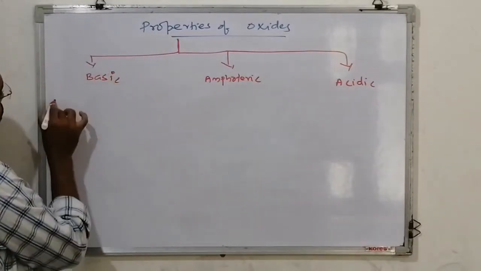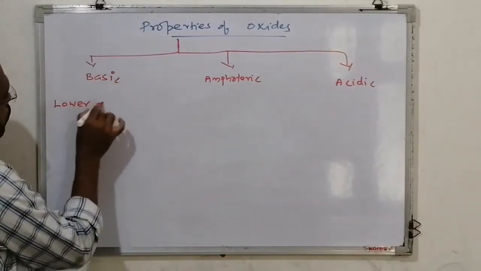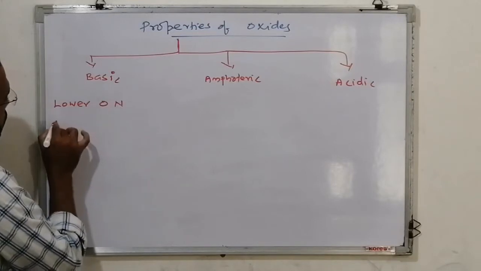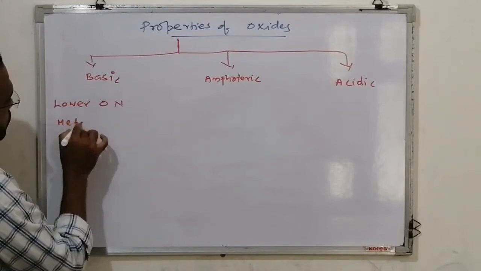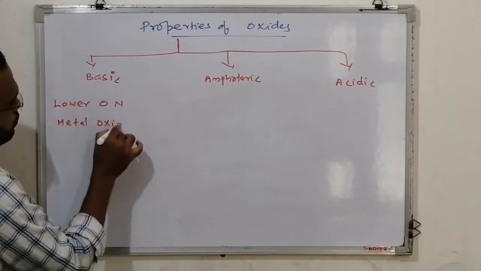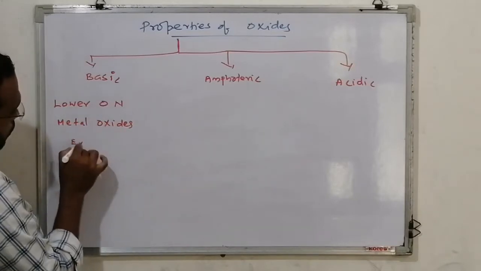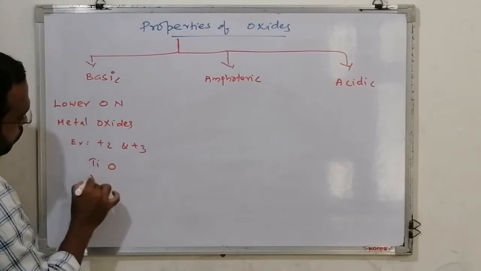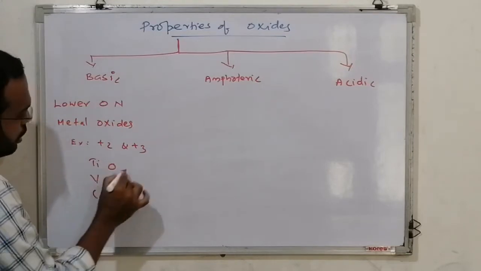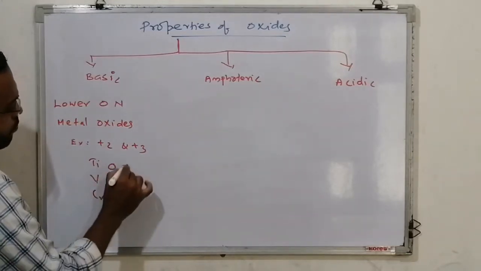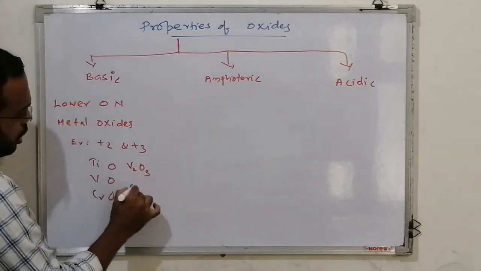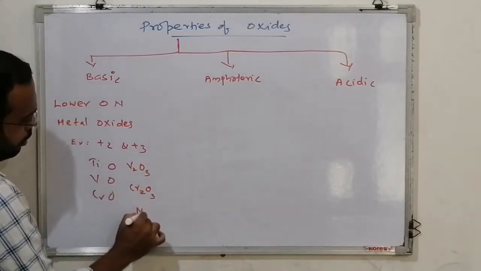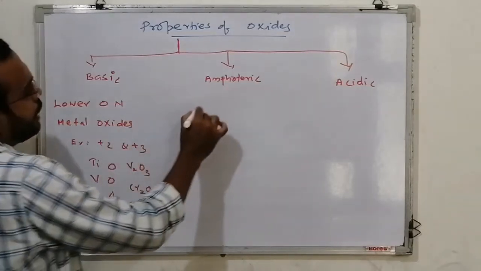Basic are lower oxidation number metal oxides. Example, +2 and +3: titanium oxide, vanadium oxide, chromium oxide, V2O3, Cr2O3, Mn2O3, like that.